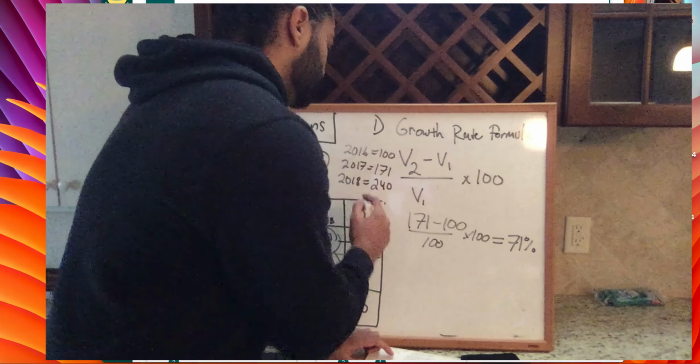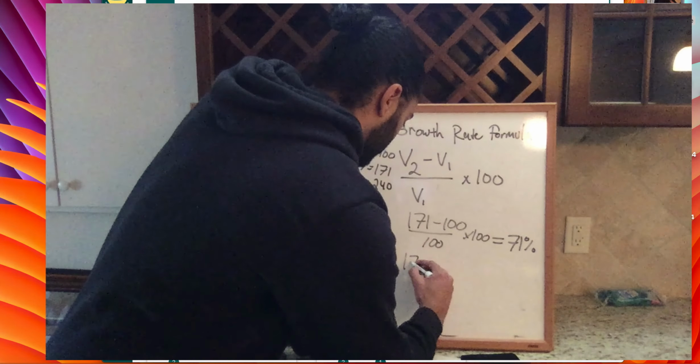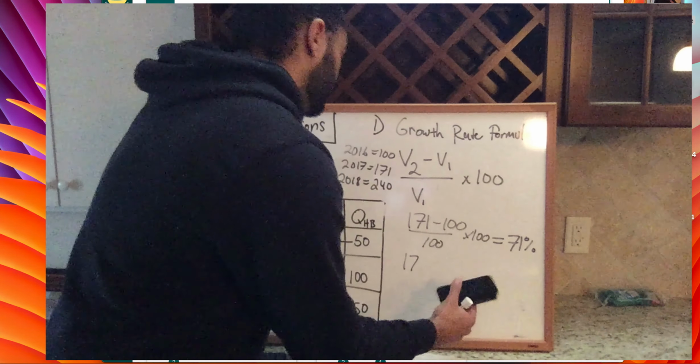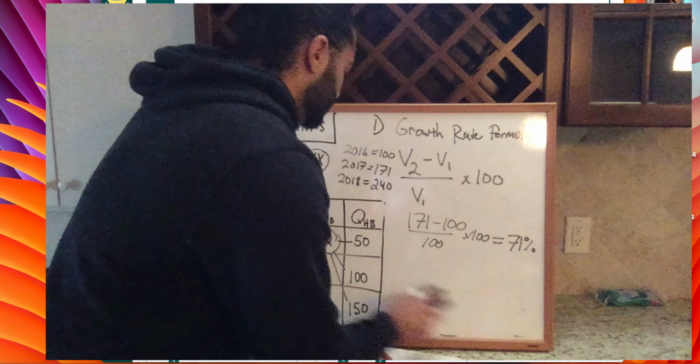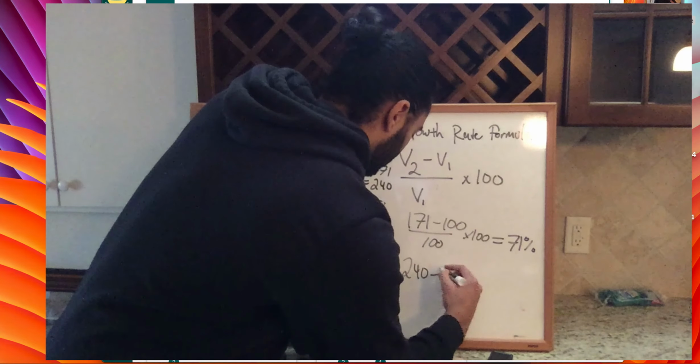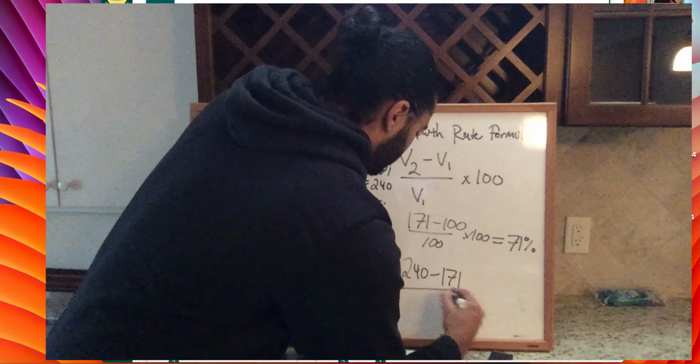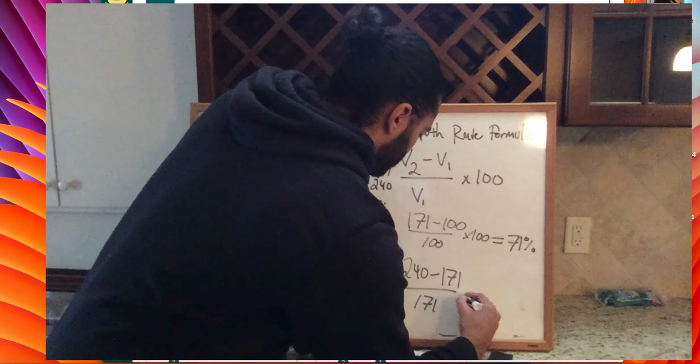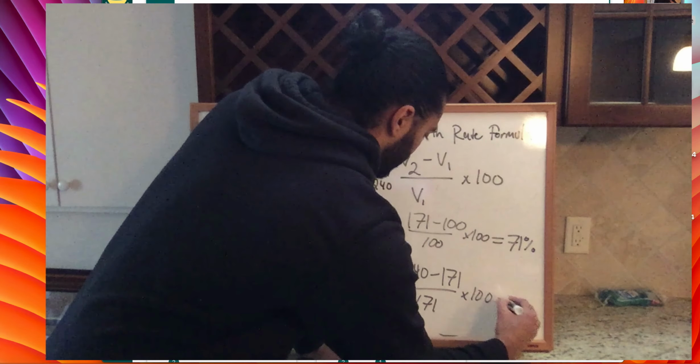Now, if we go from 2017 to 2018, 2018 is the year closest to us, so it's 240 minus 171 divided by 171 multiplied by 100, and you should get somewhere around 40.4%.